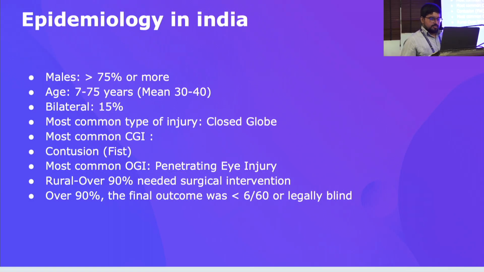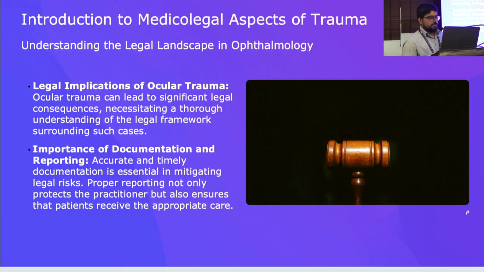Bilateral in 15% of cases. Most common type of injury was closed globe injury, and contusion with fist was the common cause. And in open globe injury, it was penetrating eye injury. Over 90% needed surgical intervention, and in 90% the final outcome was less than 6/60, or legally blind.